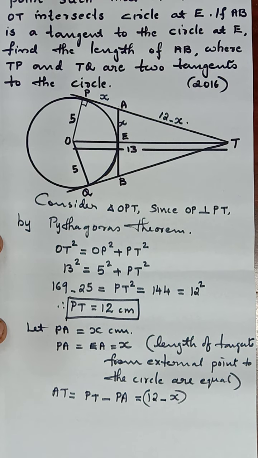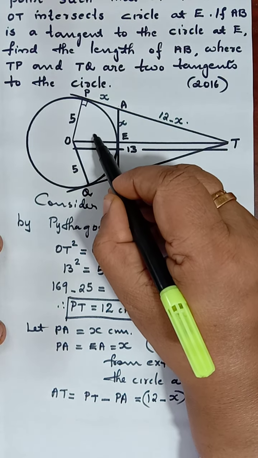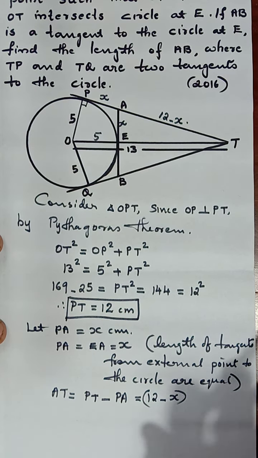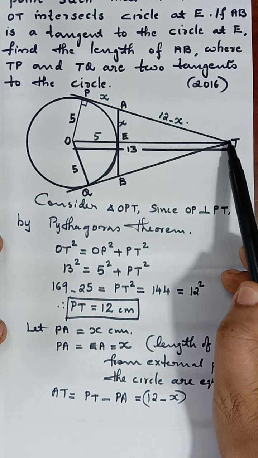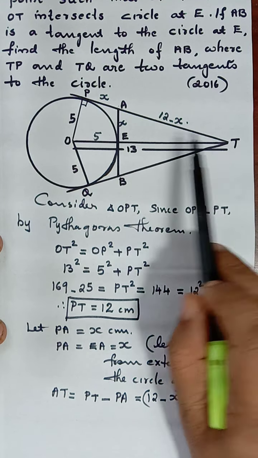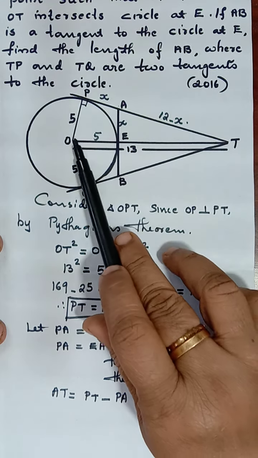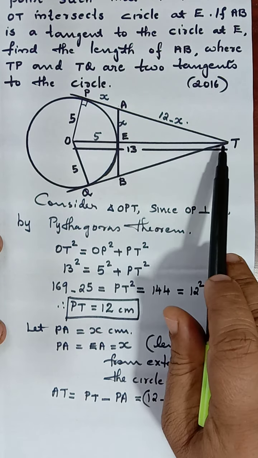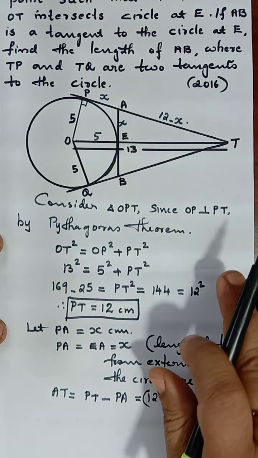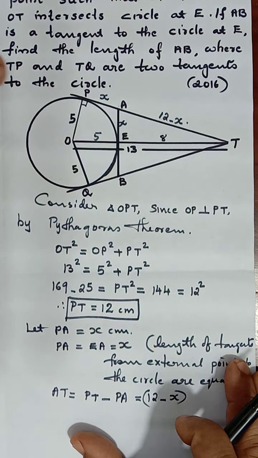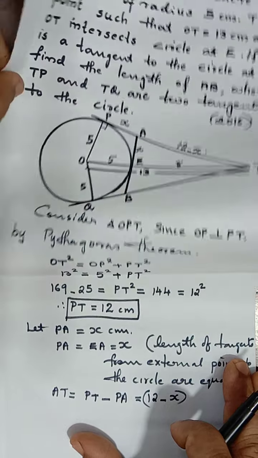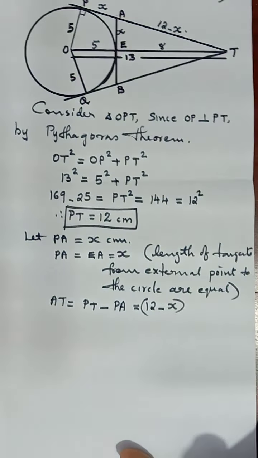Now here we know that OE is equal to 5 centimeter. Therefore, what is our ET? ET equal to total OT minus OE, 13 minus 5. 13 minus 5 is 8. That is how we are getting 8 here. Let us write this step.